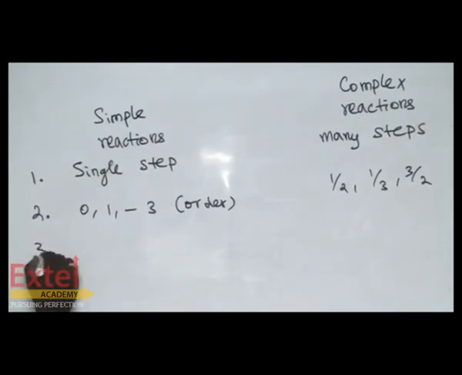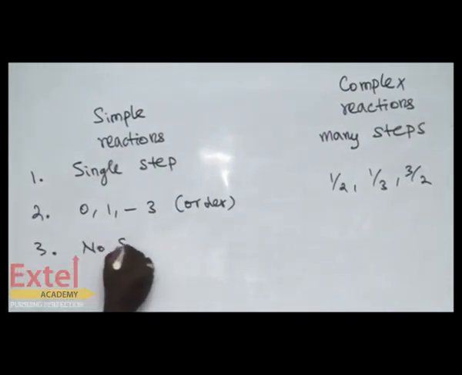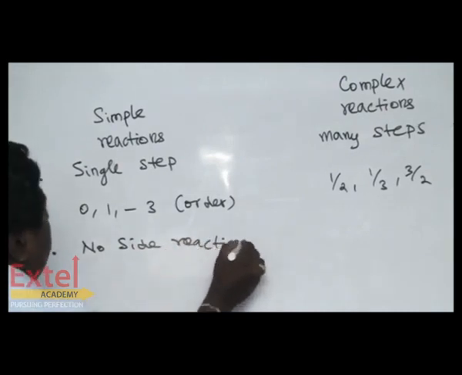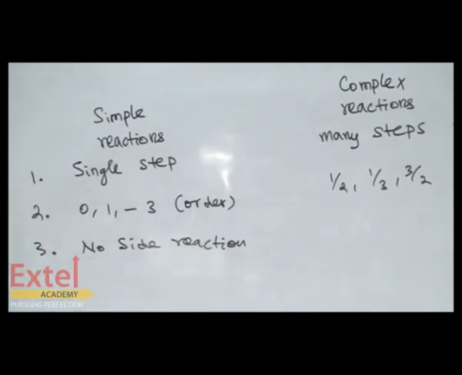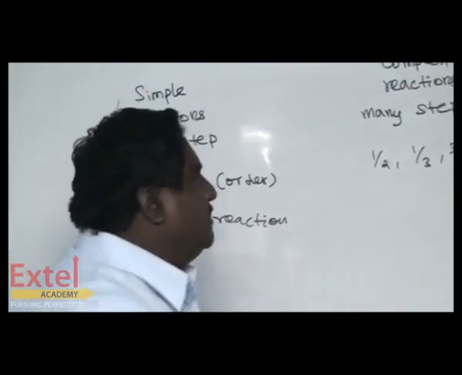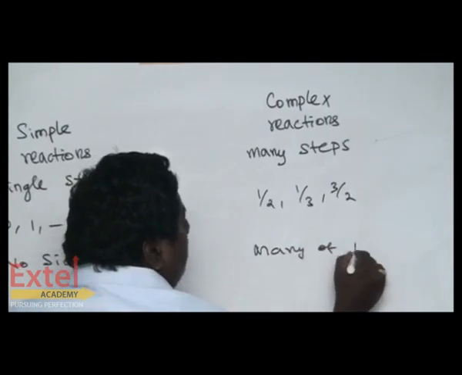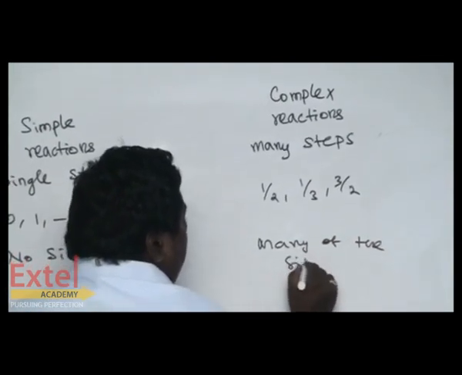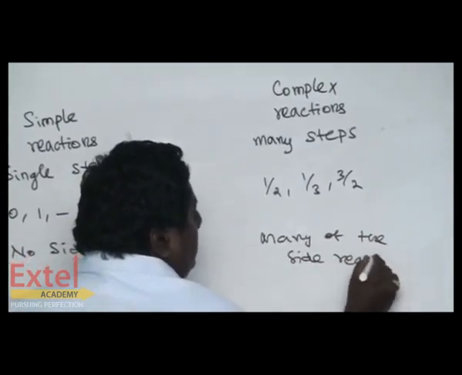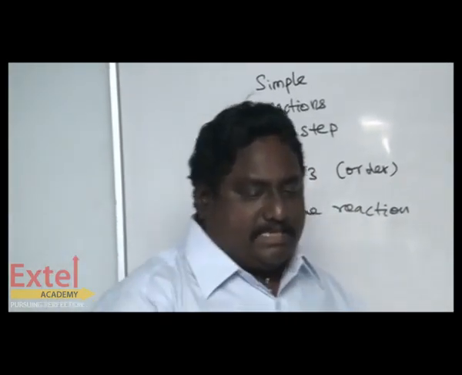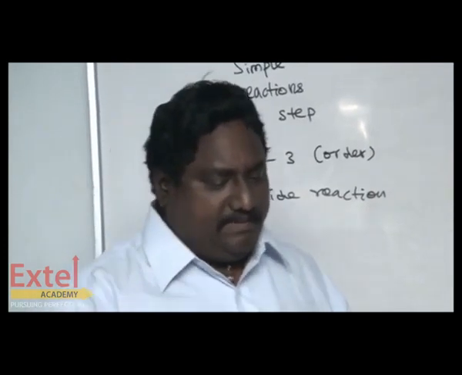Then, no side reactions. Simple reaction involves no side reaction. But in complex reaction, many side reactions are there. In addition to the main reactions, some side reactions also take place.